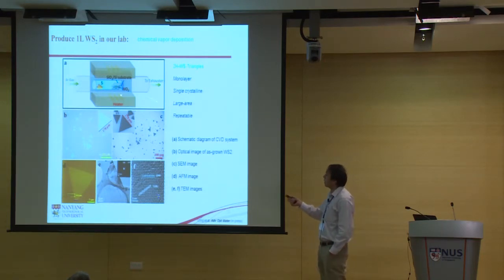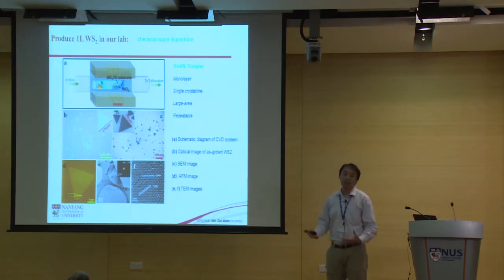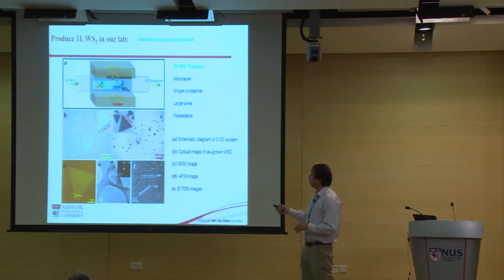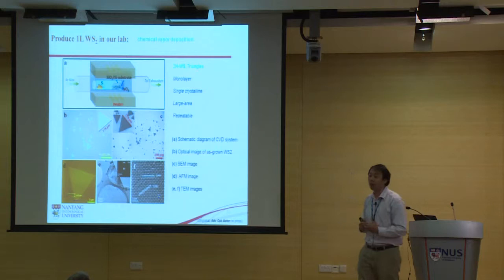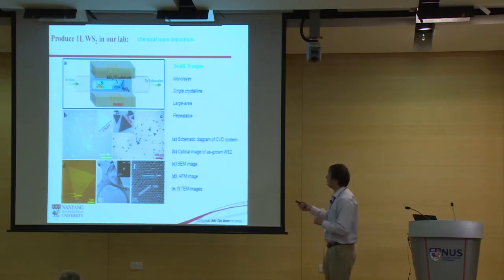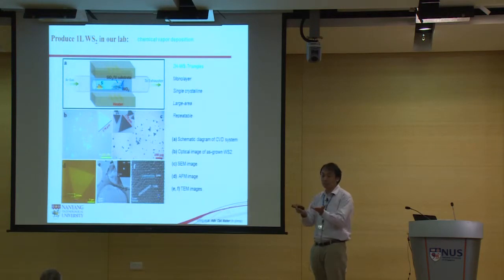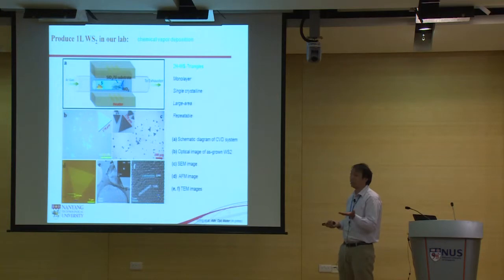The reason is I want to have more sulfur vapor and a stable one. Stable sulfur vapor. And the source we used is the same. It's tungsten oxide powder, a very small amount of tungsten oxide spread on the highly doped silicon with 300 nanometer silicon dioxide. And on top, we cover another one.